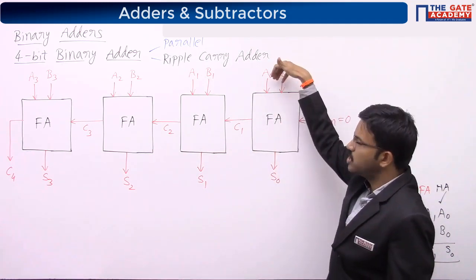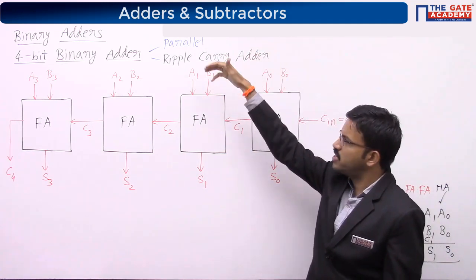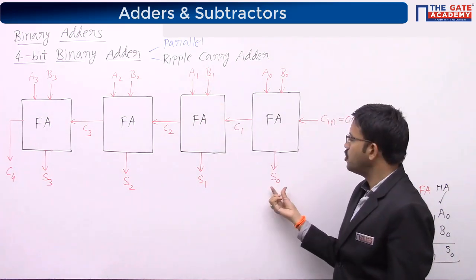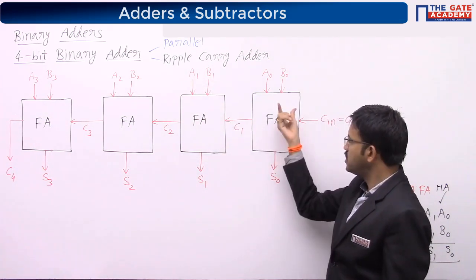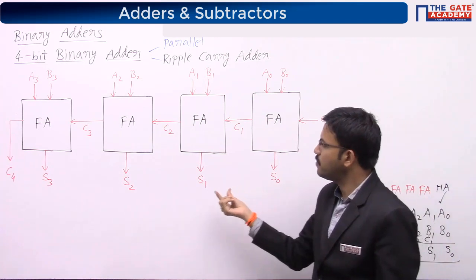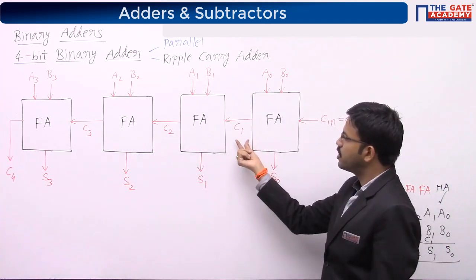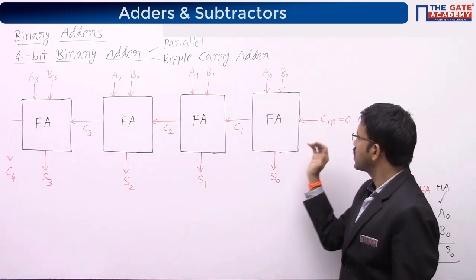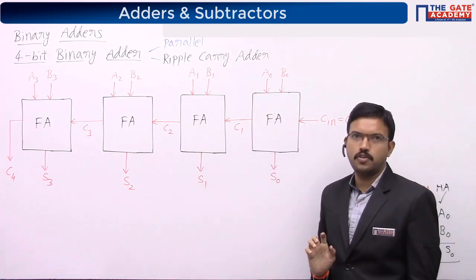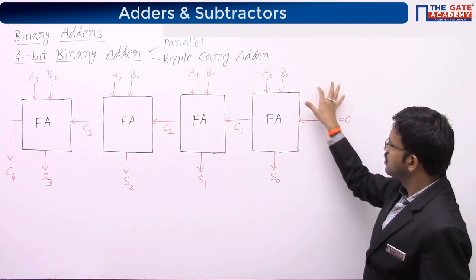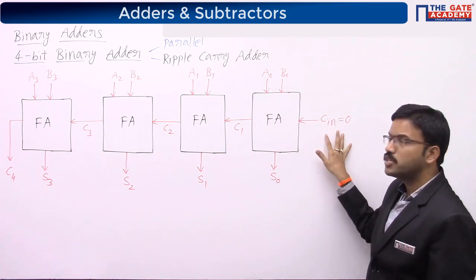The moment you give the inputs A0, B0, A1, B1, A2, B2, A3, B3, whatever time it takes here to produce an output, the same amount of time it takes here also, here also, here also. Similarly for producing carry, when the carry input to each full adder is 0. For this particular full adder, the carry input is 0.